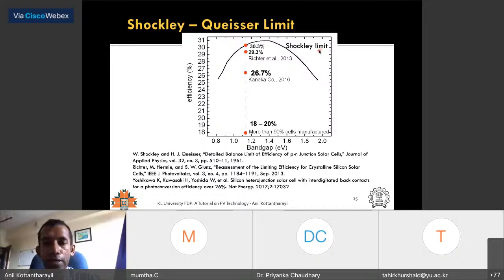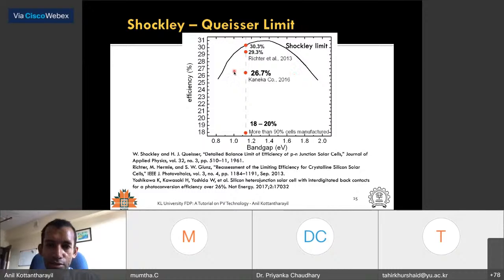the Shockley-Queisser calculation. And then in 2013, the scientist Richter and his collaborators recalculated this, and they did what is called a reassessment of the efficiency by considering some of the other losses. They came up with this number, 29.3%. Now, what is the record efficiency that has been demonstrated for silicon solar cells?